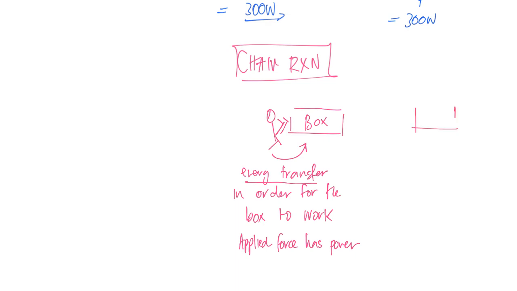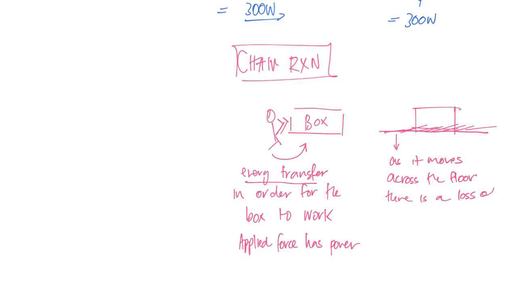If I had the box and the box was on the surface, and let's say the surface had friction, then as it moves across the floor, there is a loss of energy due to friction.